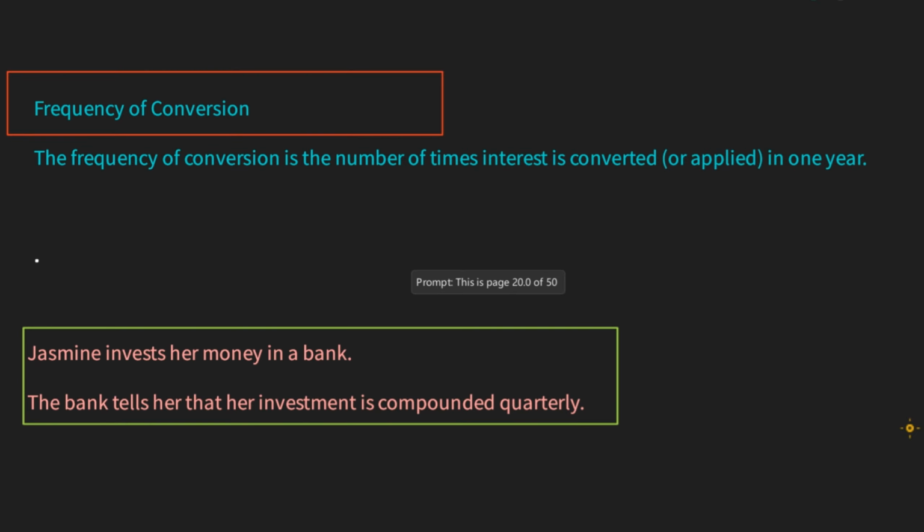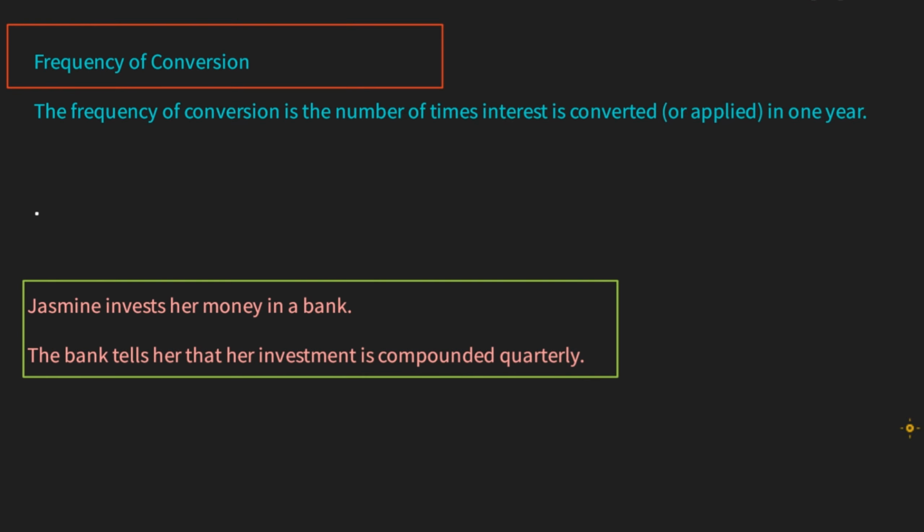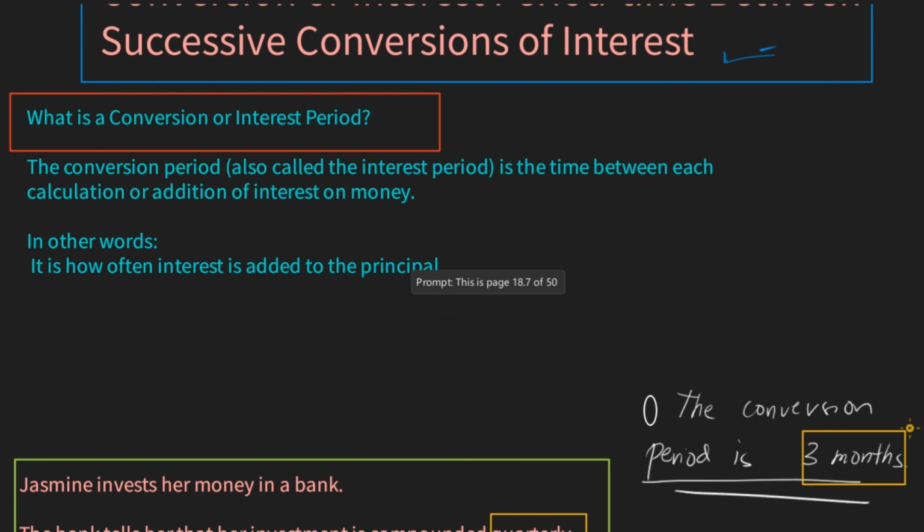Now let's move on. What about frequency of conversion? The frequency of conversion is the number of times interest is converted or applied in 1 year. In conversion period, it is the time between each calculation.